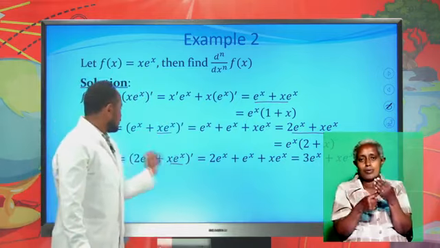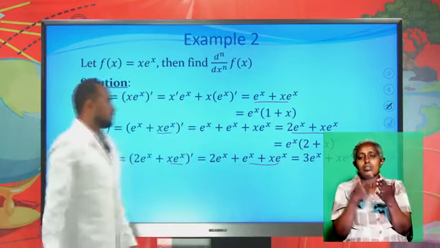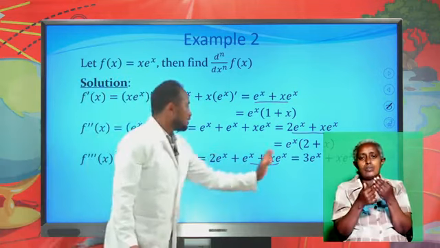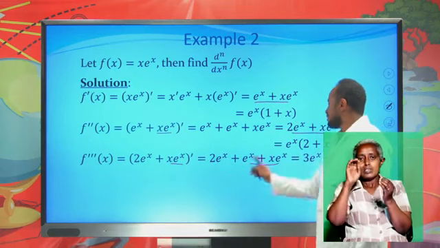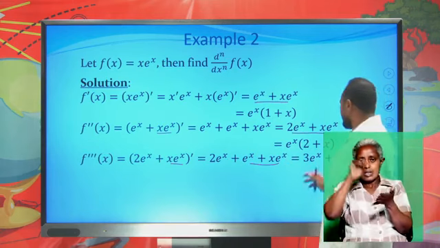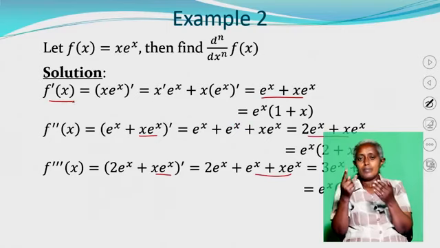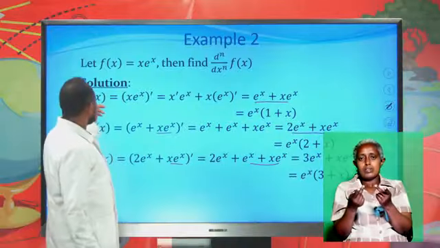Therefore, this is equal to 2 times e raised to x plus e raised to x plus x times e raised to x. When you add this, you get 3 e raised to x plus x times e raised to x. Again, factoring e raised to x as a common factor, you will have e raised to x times 3 plus x.